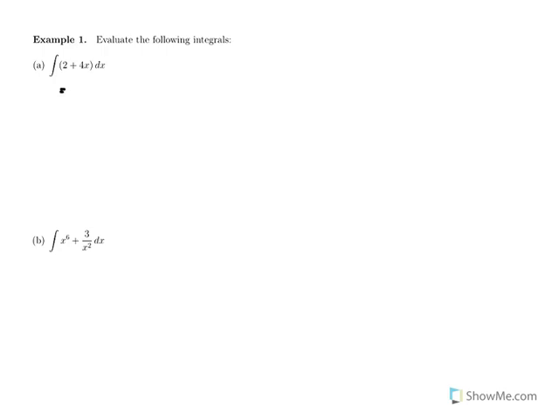Note that we could write this as the integral of 2 plus the integral of 4x, so kind of do each part individually. If you take the antiderivative or the integral of a constant, you just slap an x at the end of it, so that's just going to be 2x.